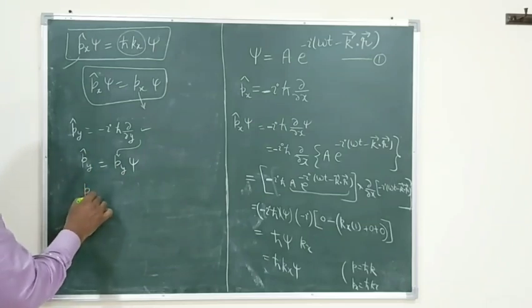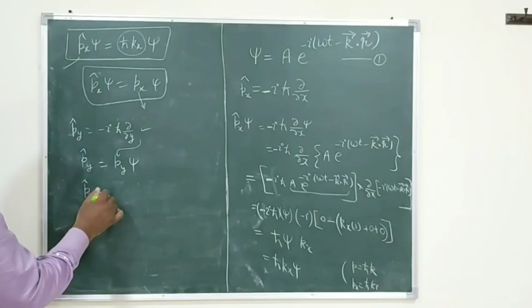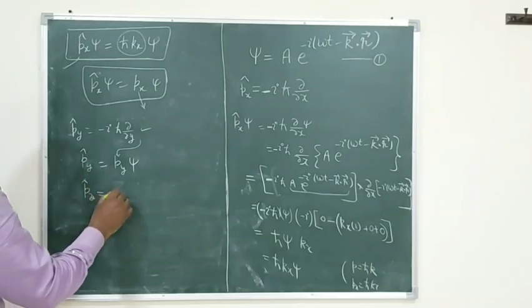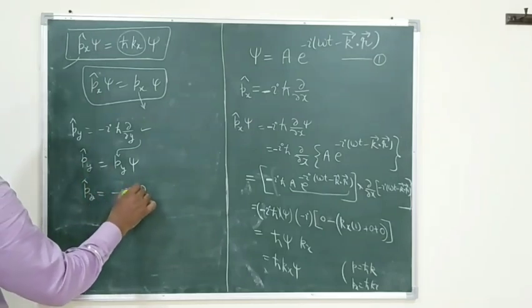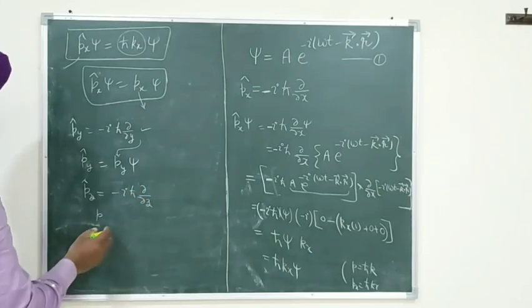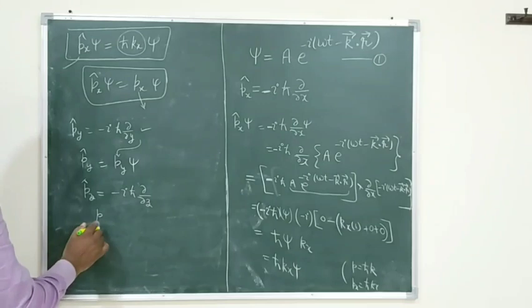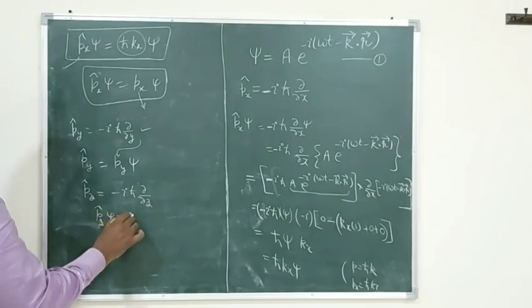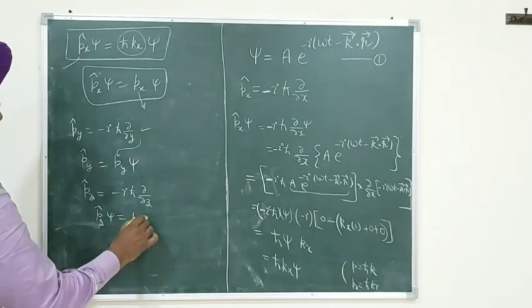Similarly, I can have pz cap, which is equal to minus iota h cross curly upon curly z, and the reader or the viewer can verify that pz cap psi will be equal to pz psi.